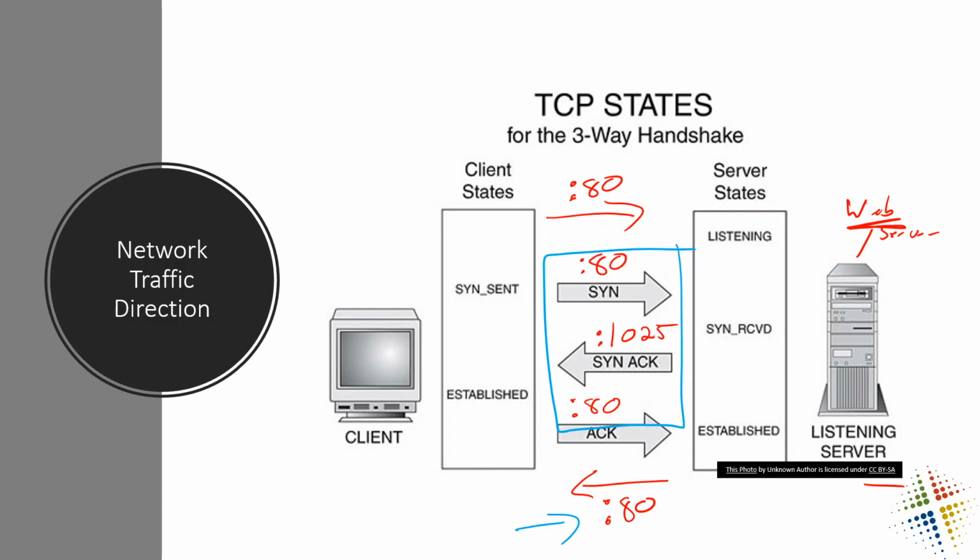Additionally, let's see. Say you have two rules. Here's where we have the situation of trying to apply rules on both directions. So let's say I have an inbound rule for port 80, port 80 permit. And then I also have an outbound rule, a rule that goes back out to the client on port 80 and permit.